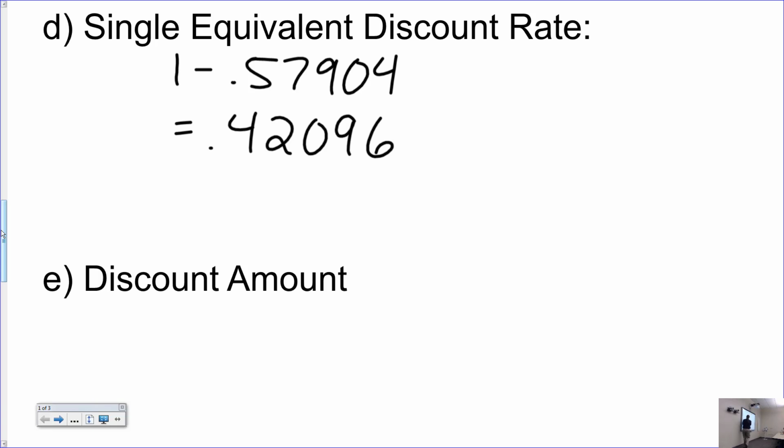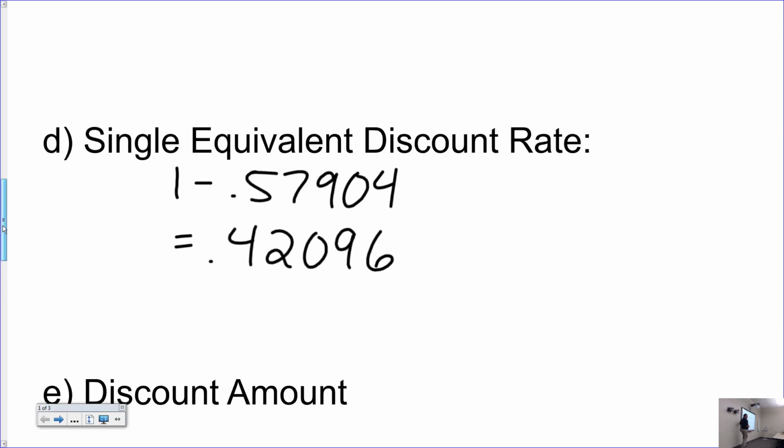Now, last but not least, what's my discount amount? I should have said trade discount amount to be specific. How are we going to get the discount? You got to go back to the list price if you're going to multiply.